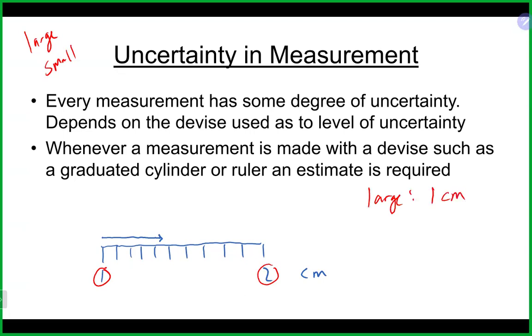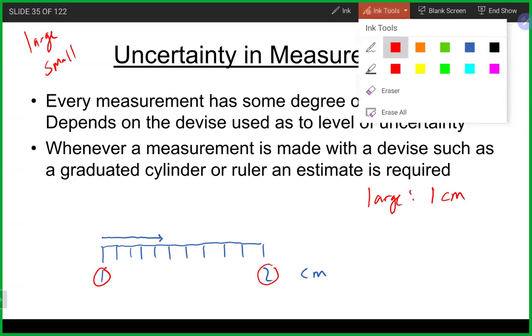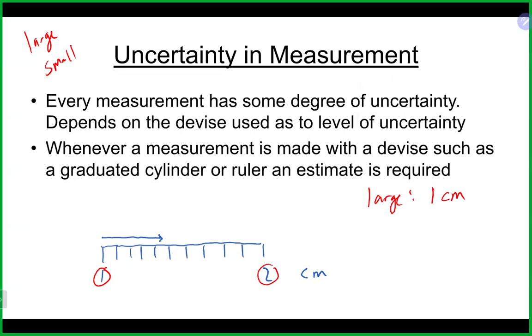Now, we also want to figure out what the smaller markings represent. So we want to count how many smaller markings there are between two large markings. When we start to count, it's also important to count past the very last large marking. So we would start here: 1, 2, 3, 4, 5, 6, 7, 8, 9, and 10 markings.